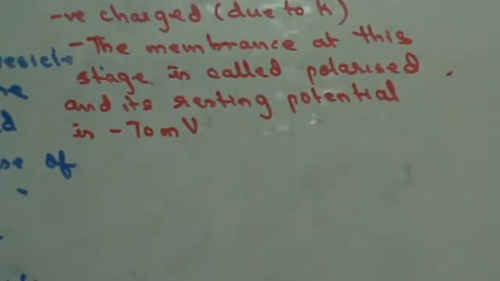That would be the potential difference present on the membrane of the nerve fiber. That is the exact amount of potential that will be developed on the membrane of the nerve fiber. Why do I have a minus sign?